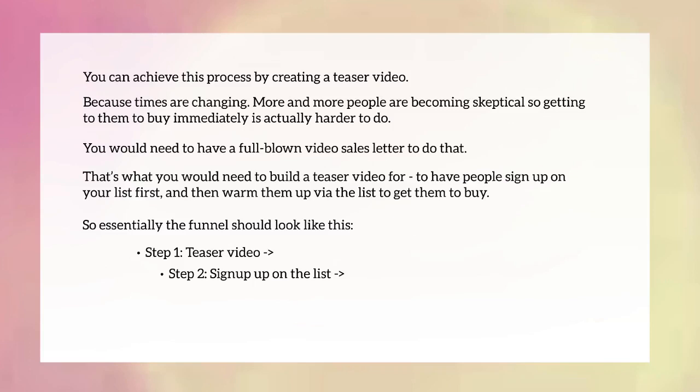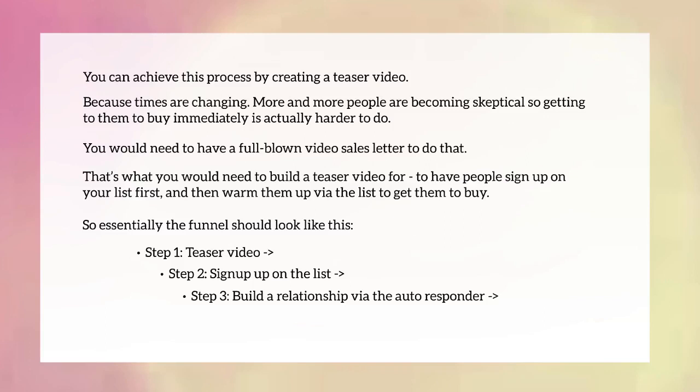You get people to sign up on your list, and at this moment, they still don't know you, and they still need to be warmed up, right? So that's why in step number three, you build a relationship via the autoresponder email service. What I mean by that is they sign up on your list, and then you email them maybe every day for the next 7 to 14 days.